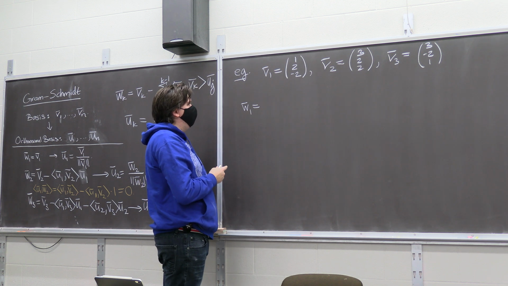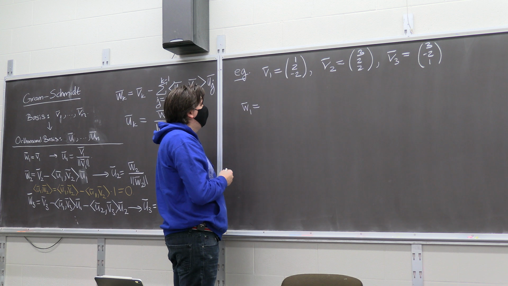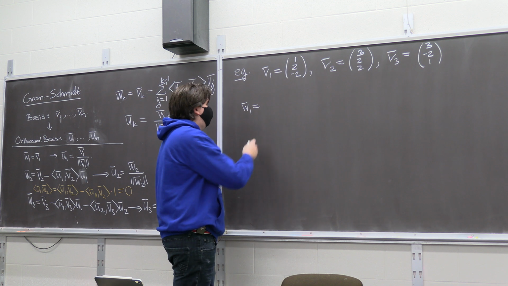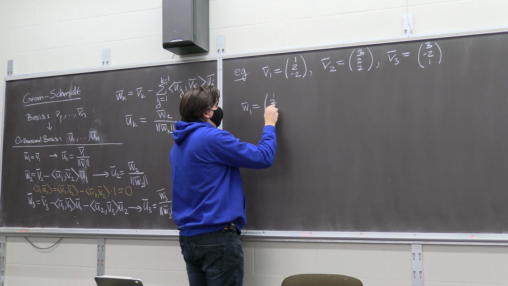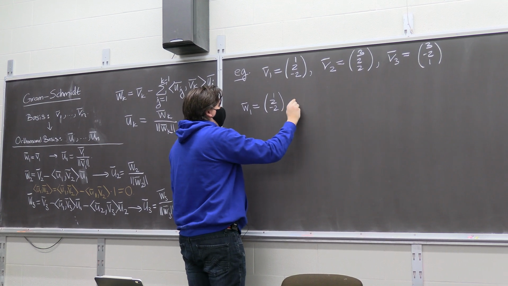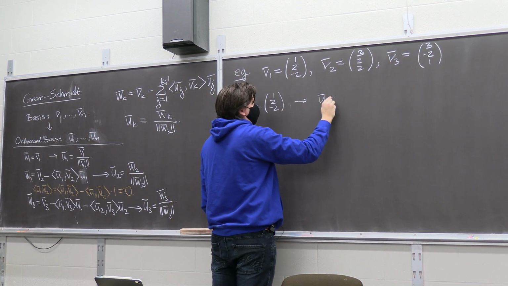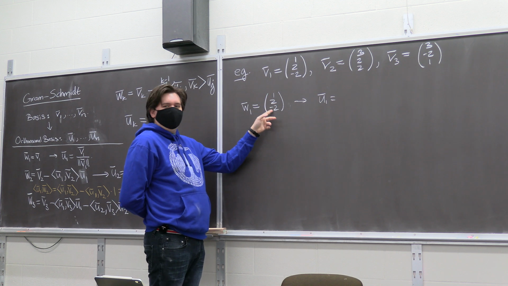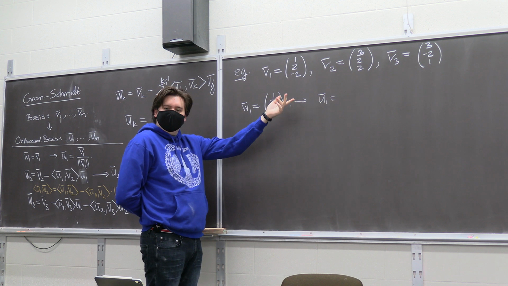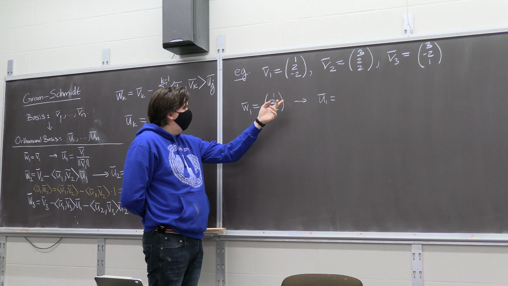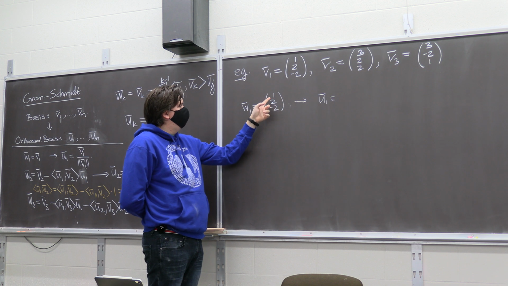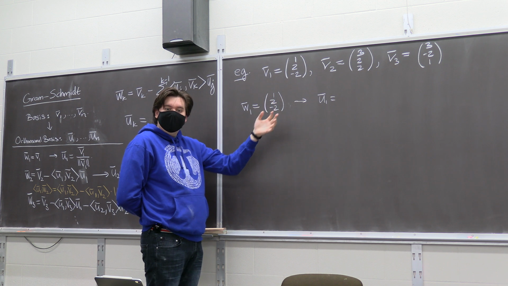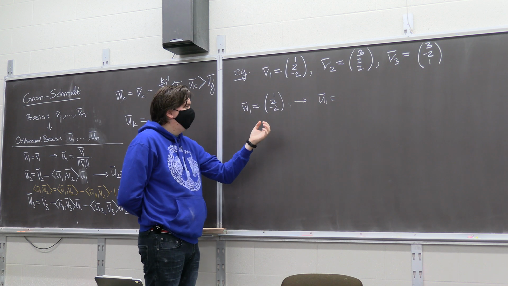But here we go. W1. You help me. What is W1? Well, it's just V1, so that's not very interesting. But what is then U1? What's the magnitude of this guy? Well, dot it with itself, and you get 1 plus 4 plus 4, that's 9. And then you take the square root, right?